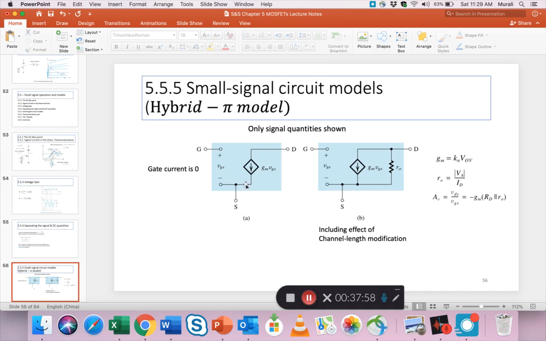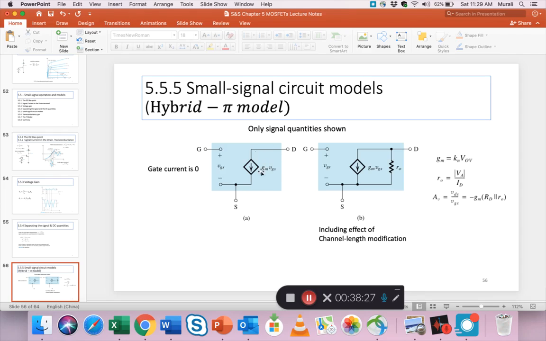And then on this side the model shows you a voltage controlled current source. This is a dependent source, a dependent current source. What does it depend on? It depends on a voltage. What is that voltage? It's the signal on the input side, the gate side. So this is the drain and this is the source.